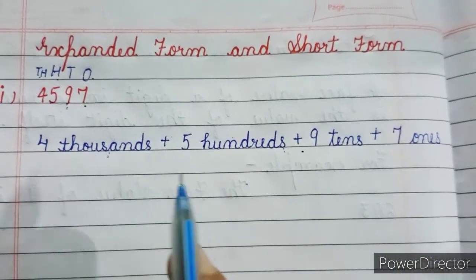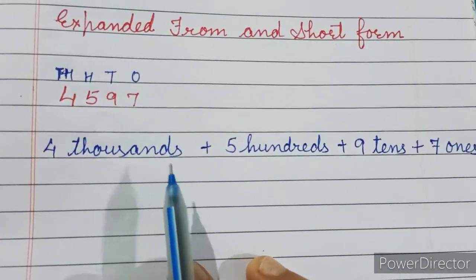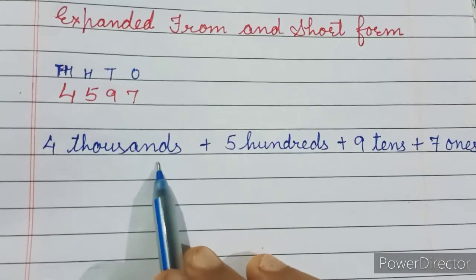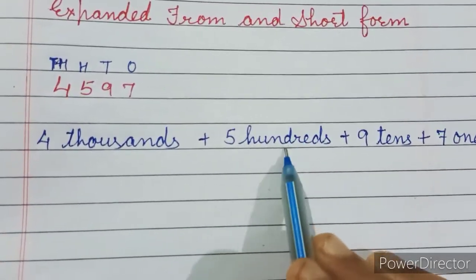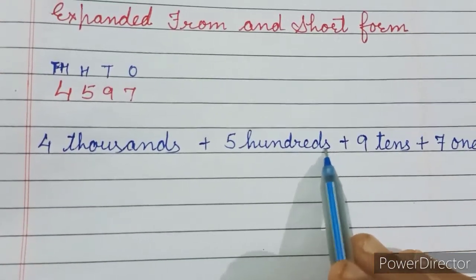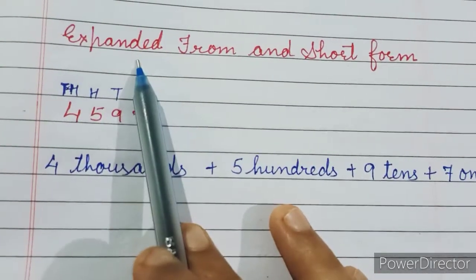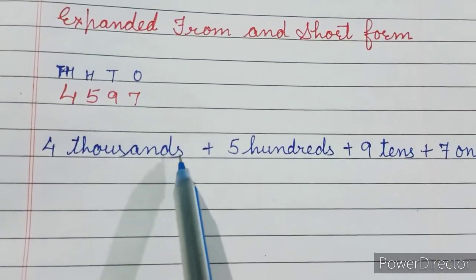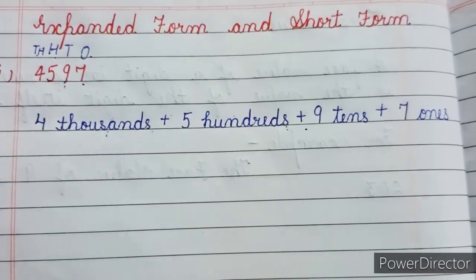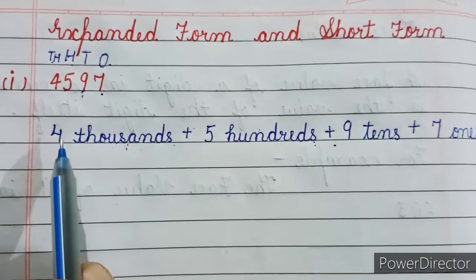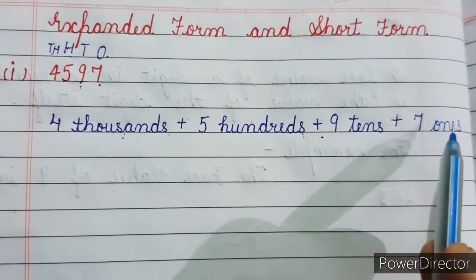Children, listen carefully. This is the place value thousands, that's why we write the S. This is the place value hundreds, so we write S. So when we are writing in expanded form, we will always use the S. So 4 thousands plus 5 hundreds plus 9 tens plus 7 ones.